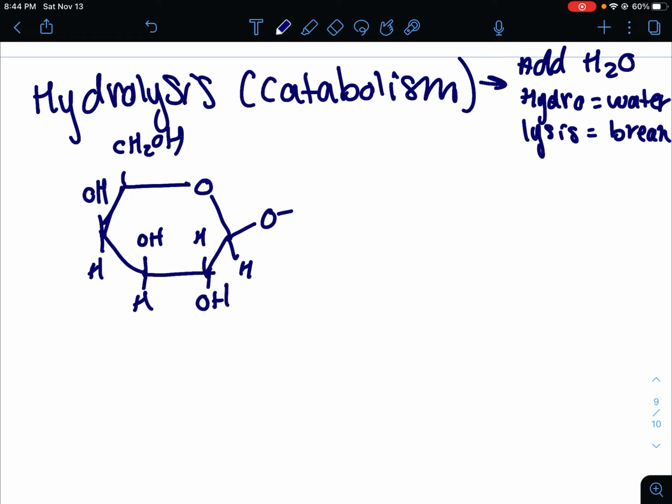And this glucose is going to be bonded to another glucose, which gives us a disaccharide. Oh, it's so ugly. I'm so sorry. Let me fix that. It's still kind of ugly.